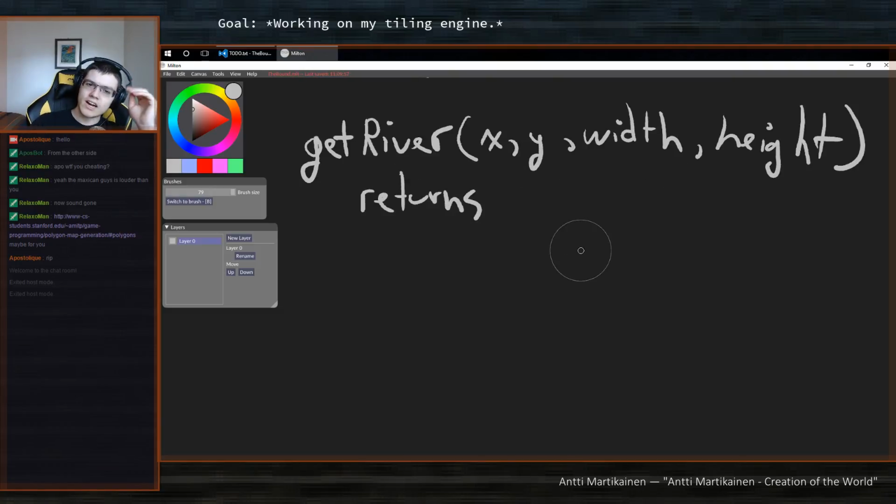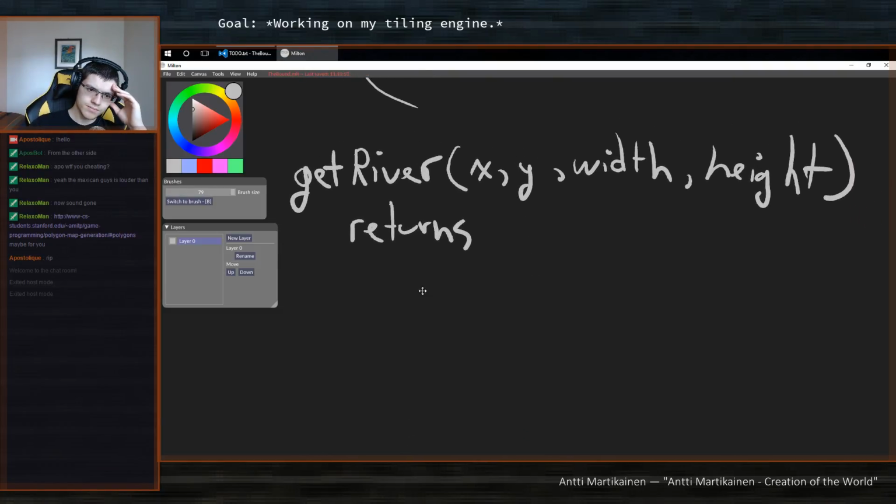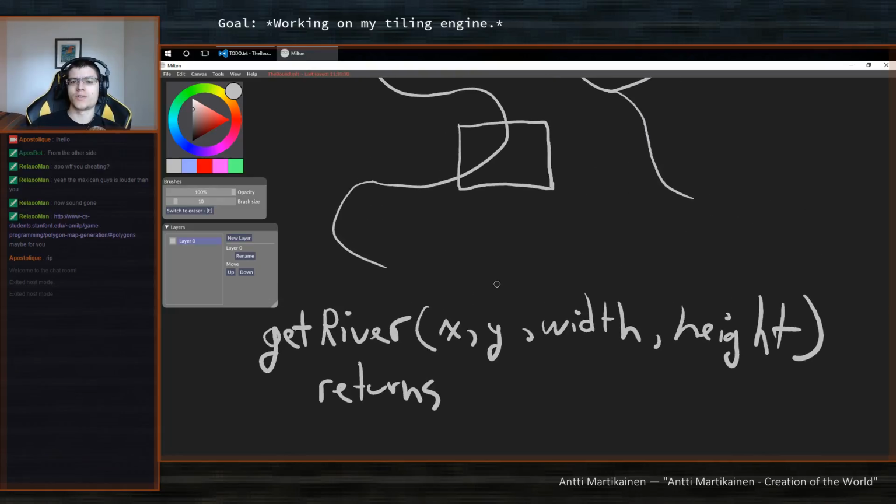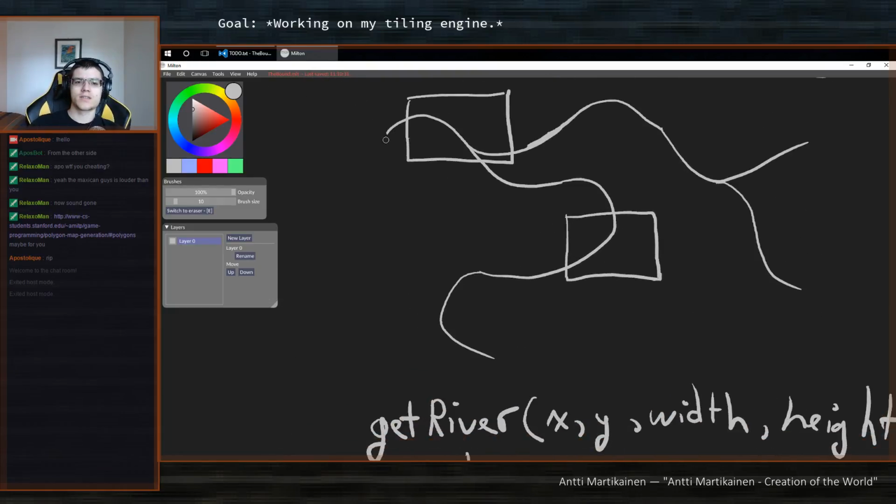Get river, how does that work? And how do I ensure that the river is a constant flow? Okay, so this is wrong.